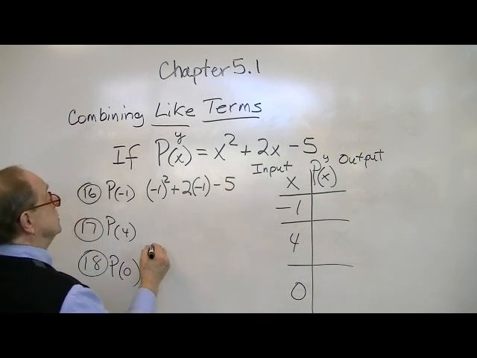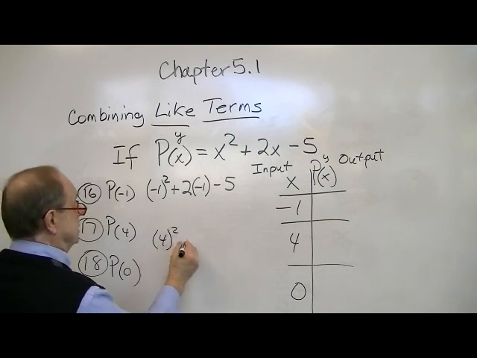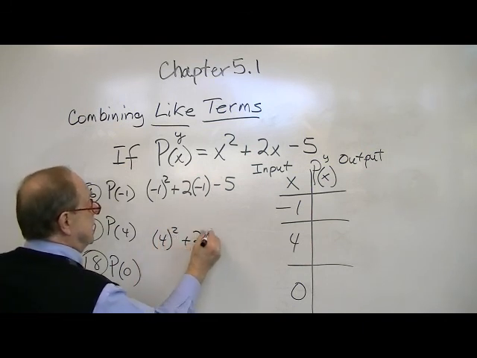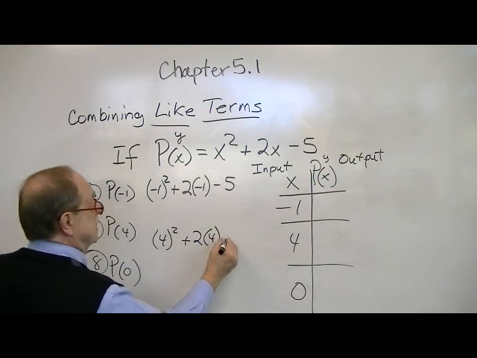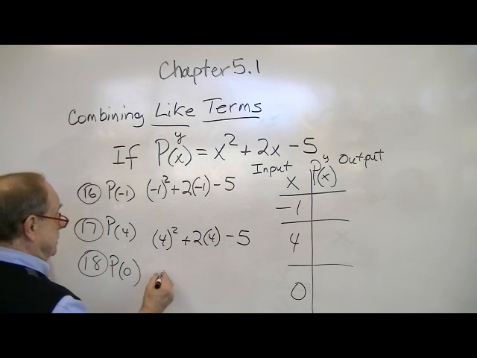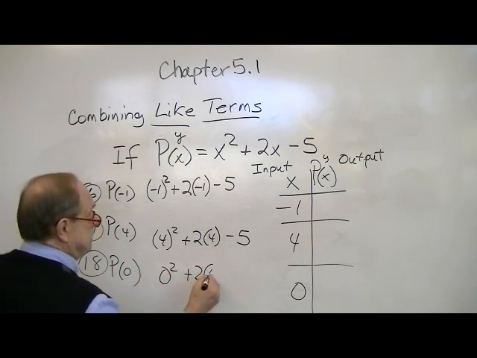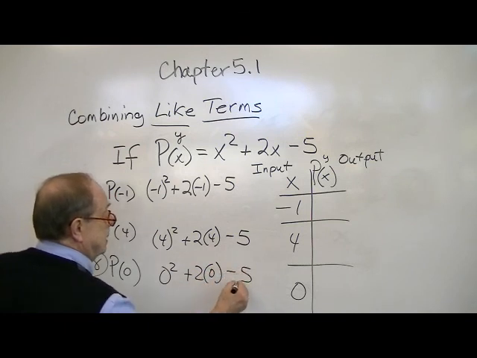And this is going to be 4 squared plus 2 times 4 minus 5. And this is going to be 0 squared plus 2 times 0 minus 5.